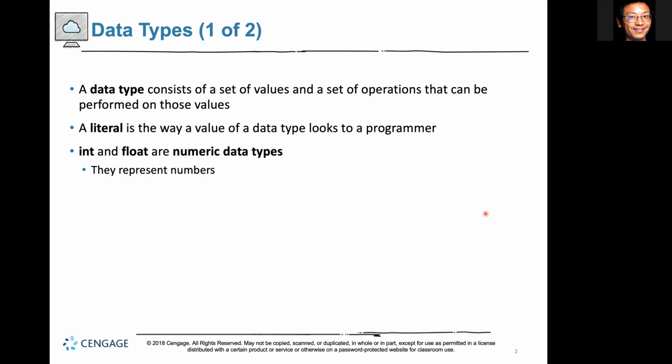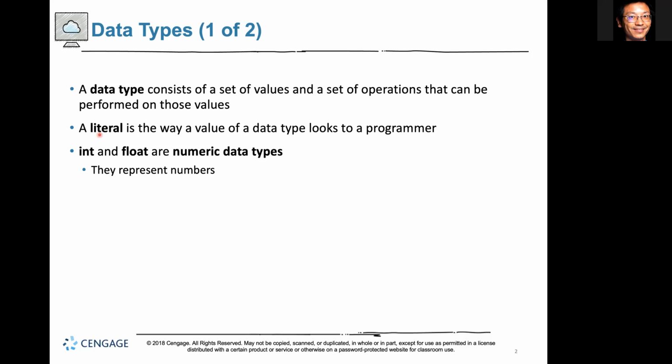We're going to look at some of those data types, and there's only a limited number of data types supported by Python, basically the built-in ones. Another concept is the literal. A literal is the way a value of a data type is represented in your code.